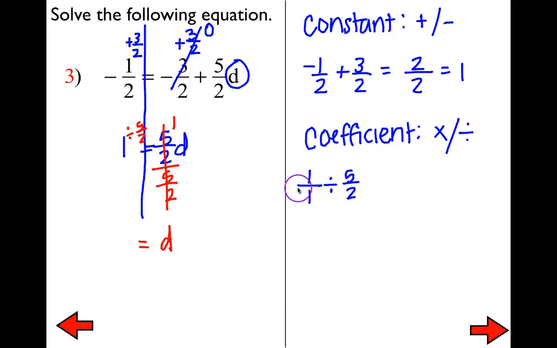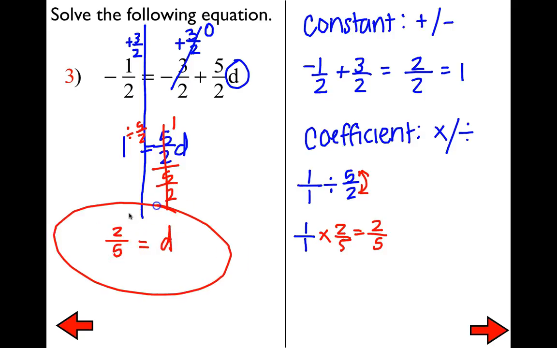All I had to do was simply write 1 into a fraction by putting it over 1, and now it's a familiar type of problem. So I'm going to go ahead and rewrite this as 1 over 1 times the reciprocal of this, which is 2/5. I'm just going to multiply straight across since there's no cross-canceling involved. So I'm left with d equals 2/5.